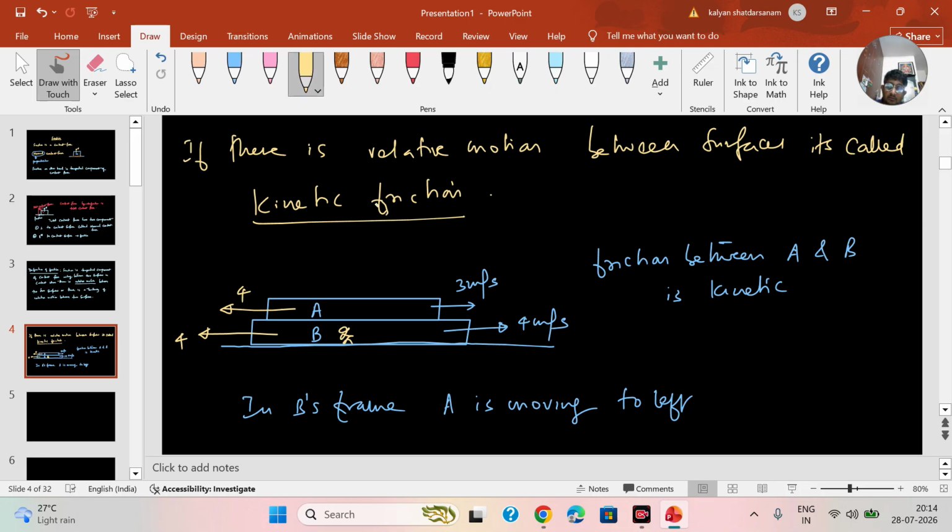If there is relative motion, friction opposes it, the type of friction will be kinetic. If there is a tendency for relative motion and if friction is acting, then that friction will be static in nature. We'll see that later. So now in B's frame, A is moving to the left and hence friction on A is to the right.